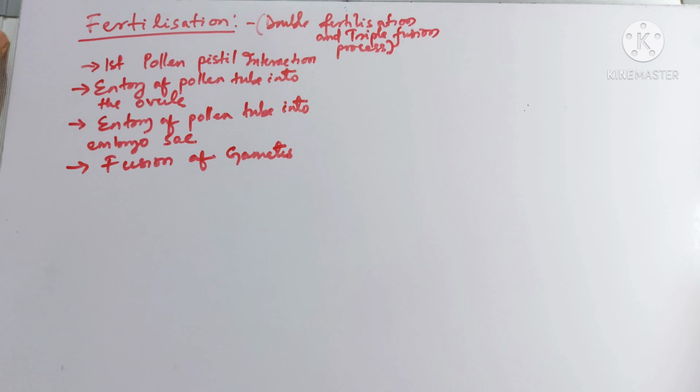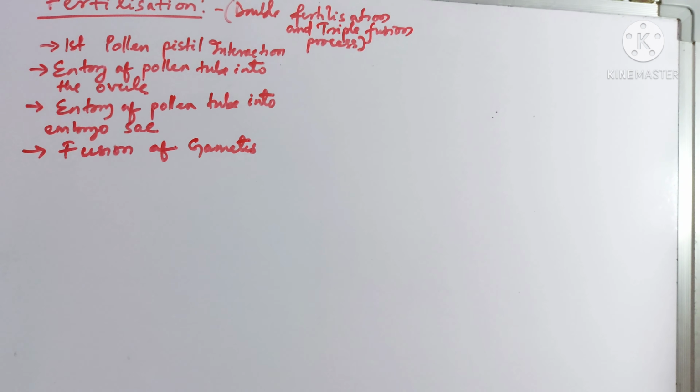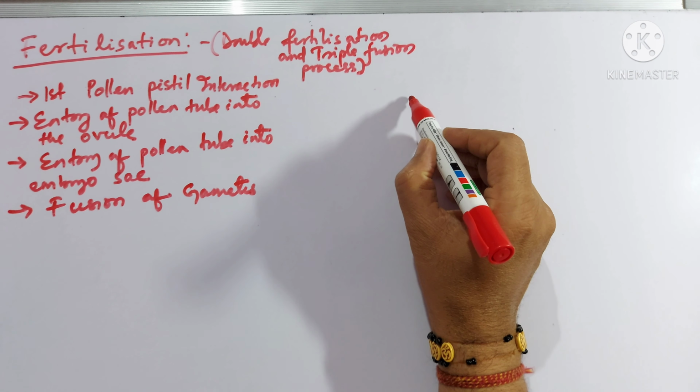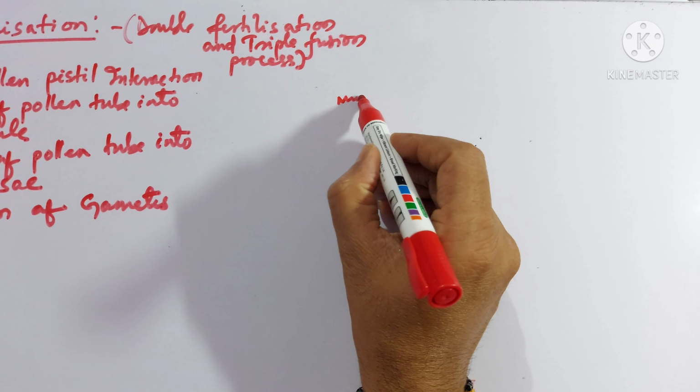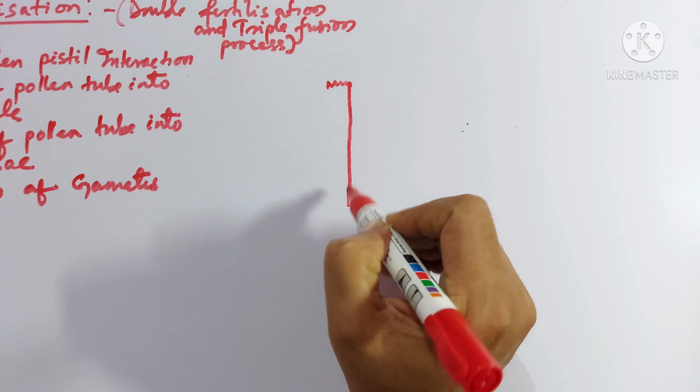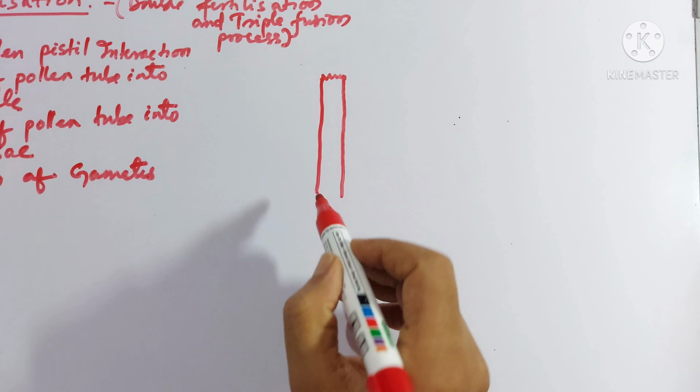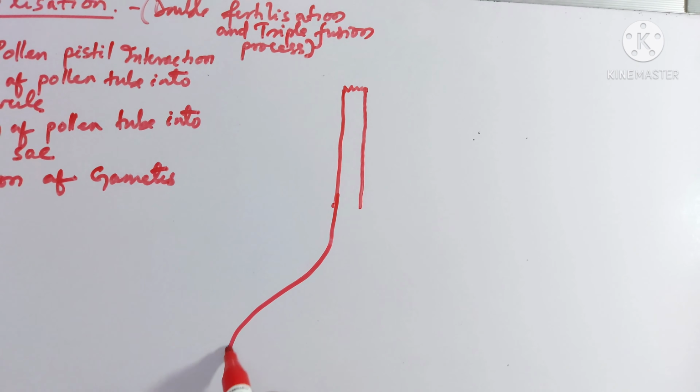So first thing is pollen pistil interaction. Here the pollen falls on the stigma.